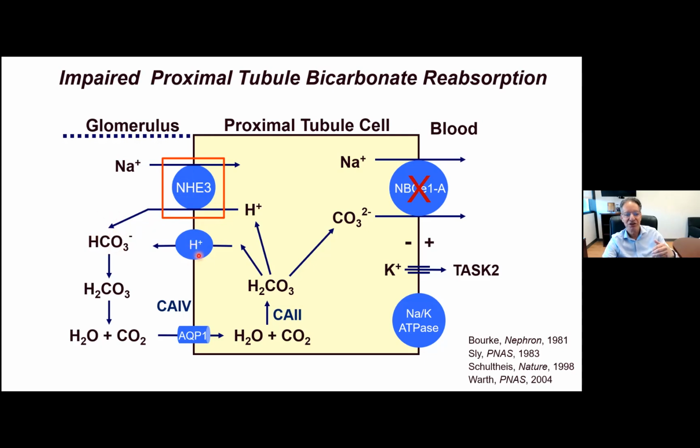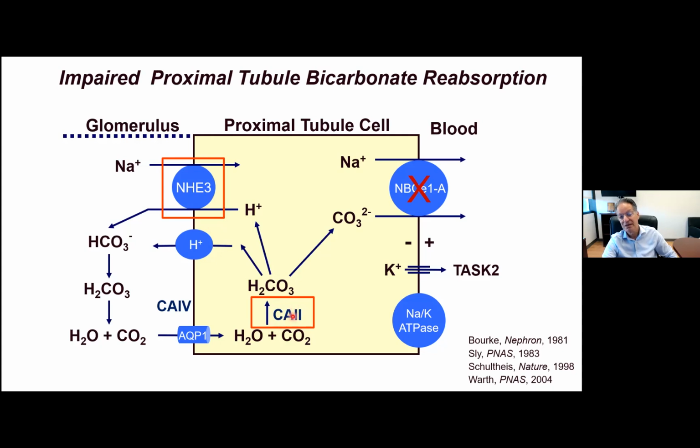But the patients have proton secretion still remaining via the vacuolar proton pump. And so that may be what's compensating, but it's still not well understood why the mice don't have more of a severe proximal RTA. There are patients with mutations in carbonic anhydrase 2, and they get proximal RTA.